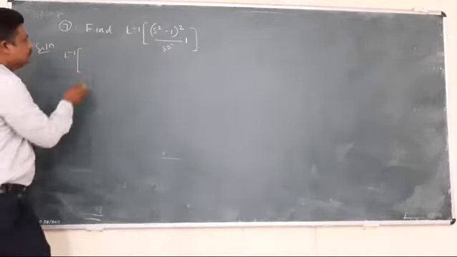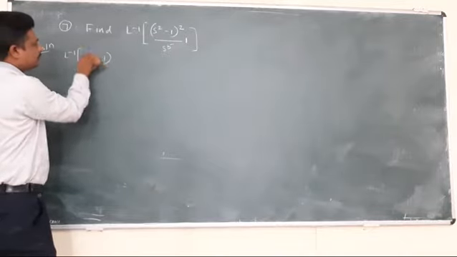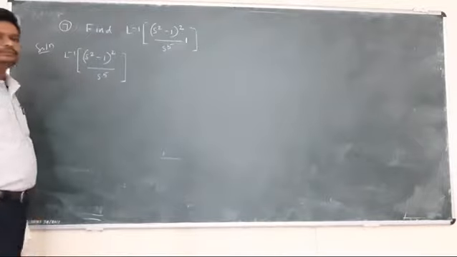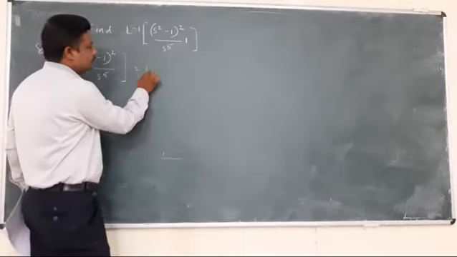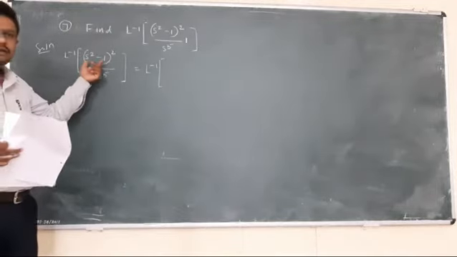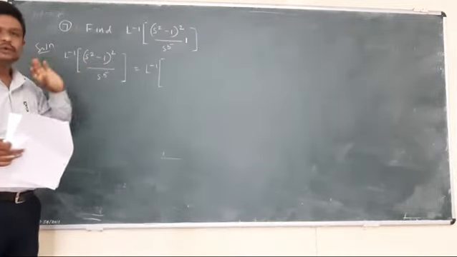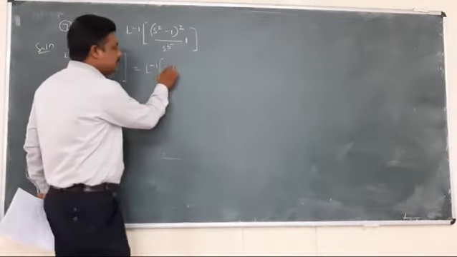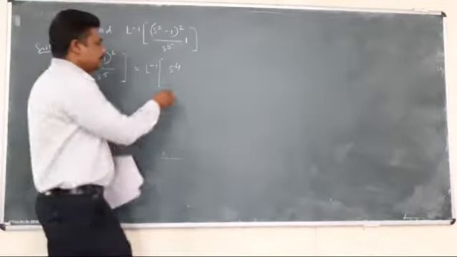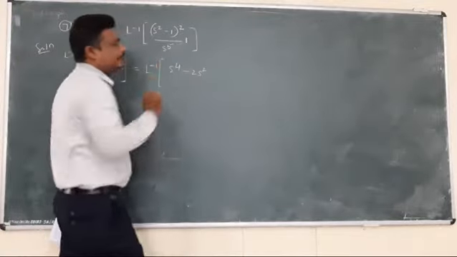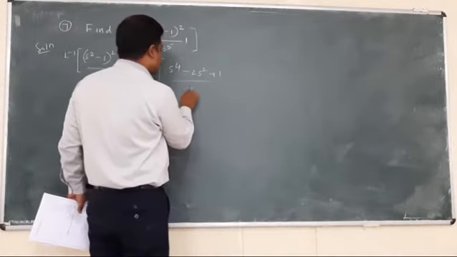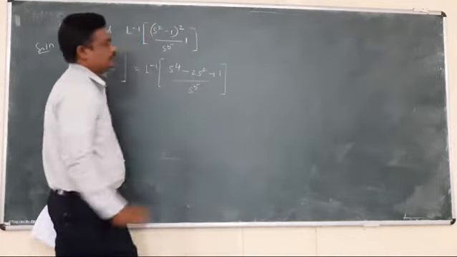L inverse of (s square minus 1) whole square upon s raised to 5 is equal to L inverse of. For the numerator, I will apply the (a minus b) whole square formula. So that is a square, that is (s square) whole square, minus 2ab plus b square, that is 1, upon s raised to 5.